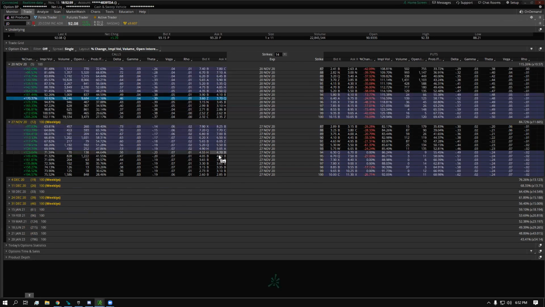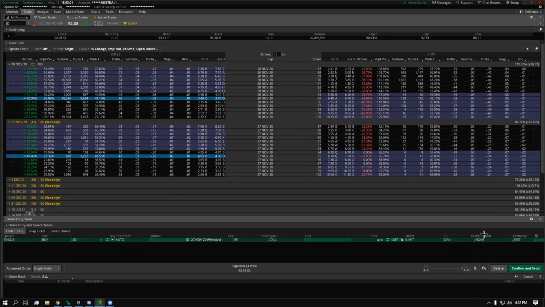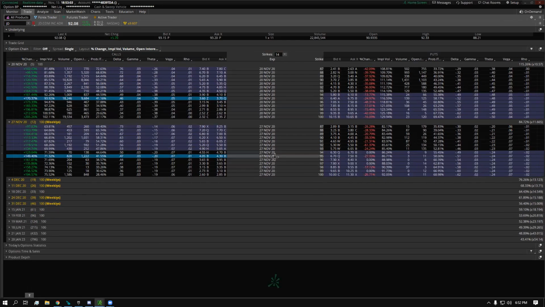All right, that's better. So we look at the 95 strike. We have a Vega of 0.05, a Theta of negative 0.39, and our implied volatility is 93.92. Look at the difference: 93 minus 71 is roughly 22.